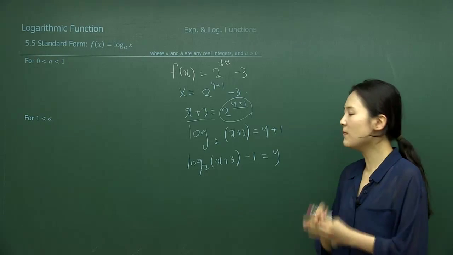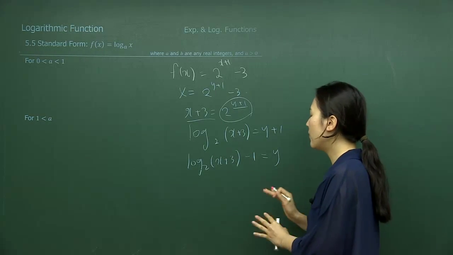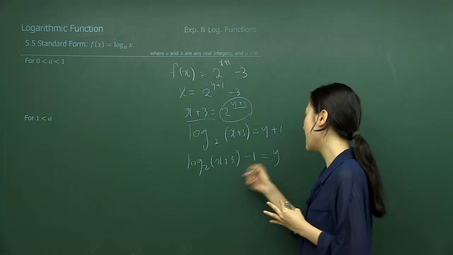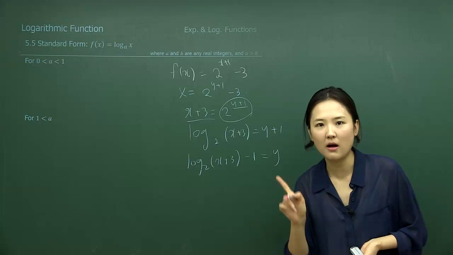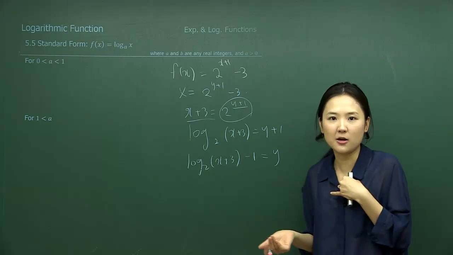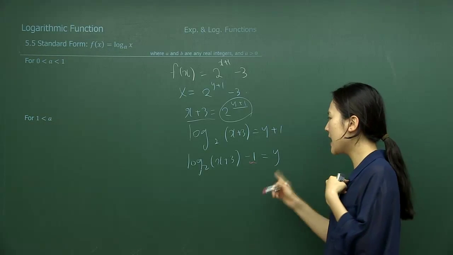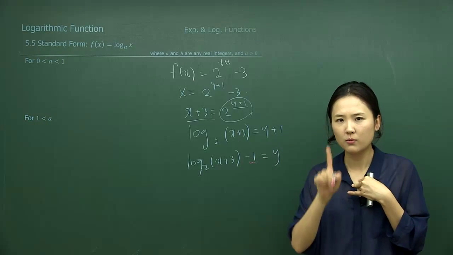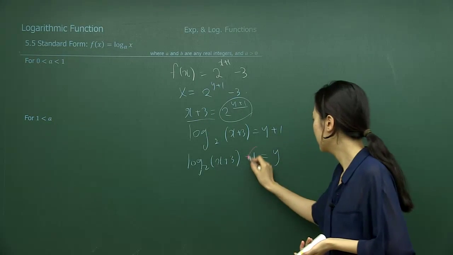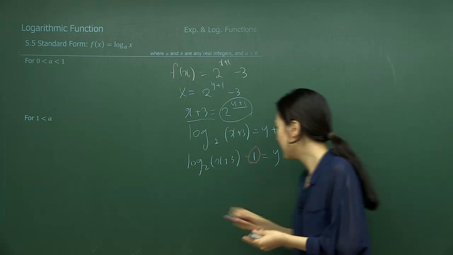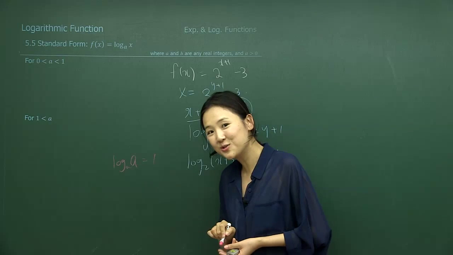However, since there were so many properties when it comes to log, if you are looking for another answer set than this, if you don't see this in the answer choices, then you must think about what kind of property we can apply here. Well, first of all, you see the 1. You may change the 1 into a log as well. Remember how log base a of a was equal to 1?